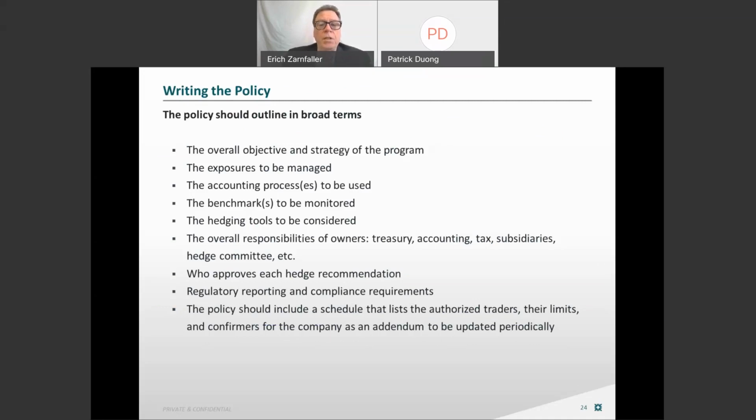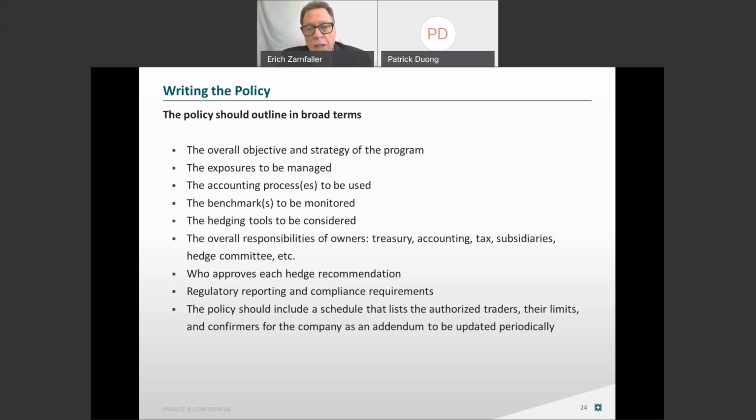One important aspect we have not discussed is the third to the last bullet in the list. Who approves each hedge recommendation? Is it the treasurer, the CFO, both, a hedge committee that may include the treasurer, CFO, regional finance managers, accounting, and tax?